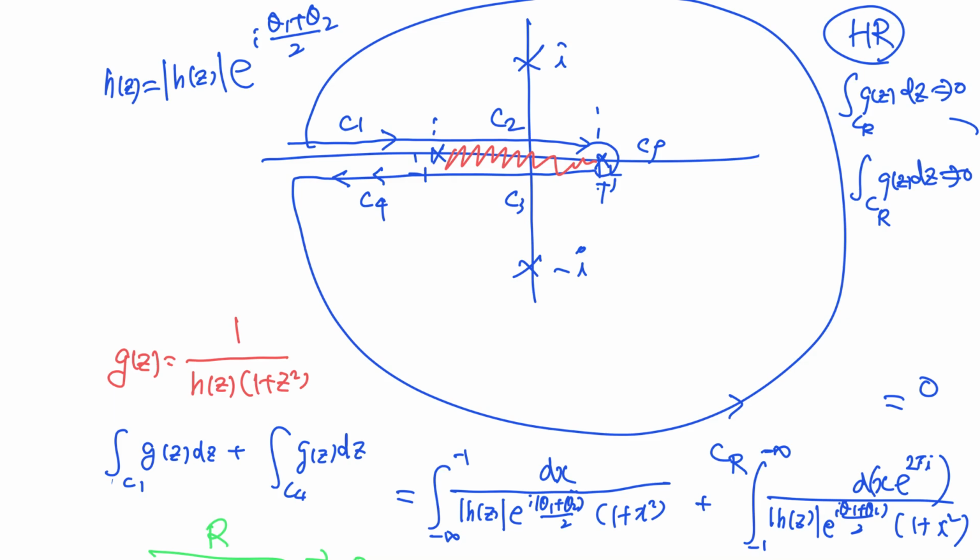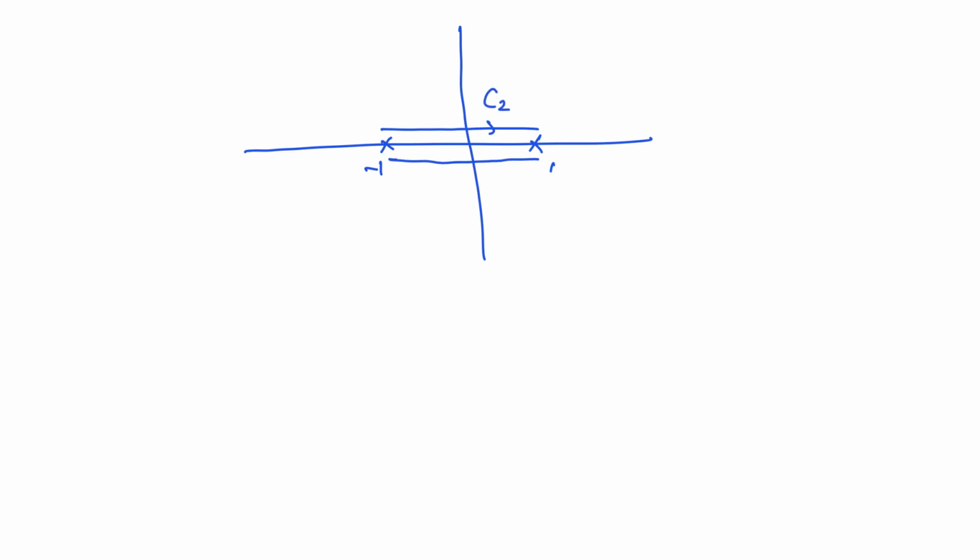All right. So now we have two integrals, C2 and C3. We have a branch and we have a pole.